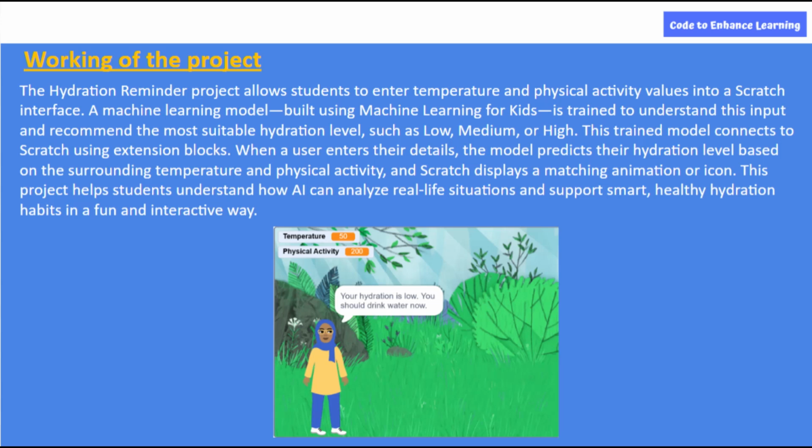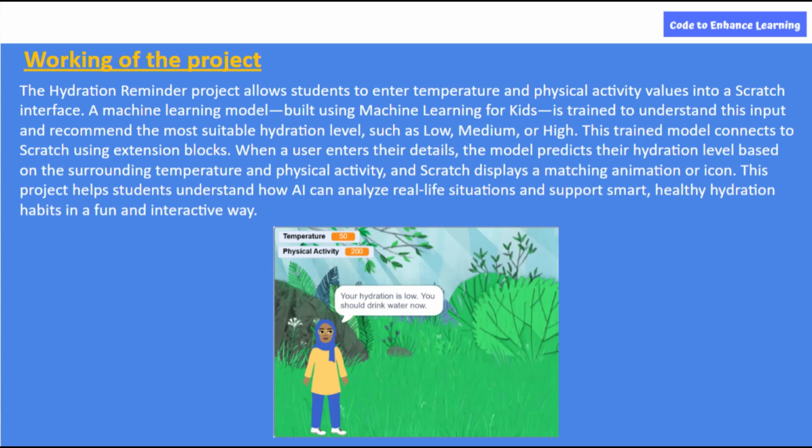Let's understand how this application works. In our hydration reminder project, the user first enters two pieces of information, the temperature and their physical activity time, into the Scratch interface. Behind this, we have a machine learning model that we built using Machine Learning for Kids. This model has already been trained with lots of examples, so it can understand different combinations of temperature and activity levels.